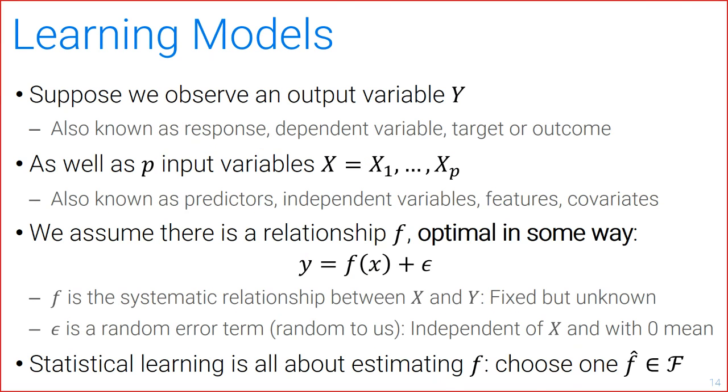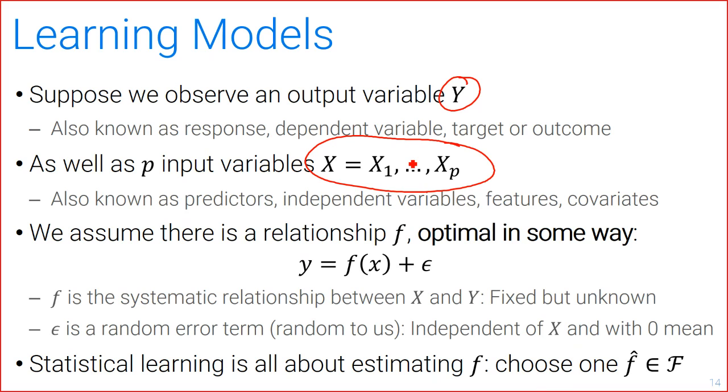So suppose we have some output variable Y. And by the way, we also refer to it as the response, dependent variable, target, or outcome. You're going to see these terms interchangeably to refer to Y. And let's say we also have p input variables, x1 to xp, which we also refer to as predictors, independent variables, features, covariates, etc. So what are the observed variables?